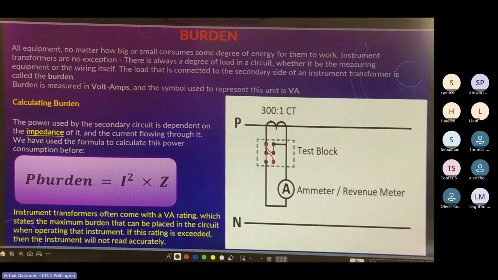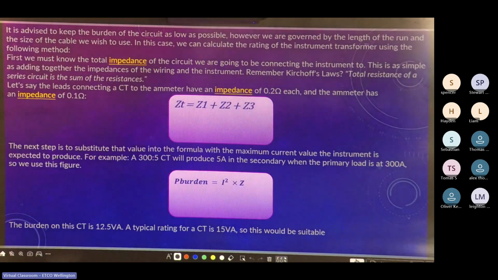Cool. Then when we looked at measurement transformers, we talked about burden. So the power used in the burden is basically power. So P burden equals I squared times Z, so current squared times impedance. Cool. So if I just keep the burden of the circuit as low as minimum. So we have a CT connected to the ammeter, has an impedance of 0.2 ohms, and the leads have an impedance of 0.2, and the actual ammeter has an impedance of 0.1.